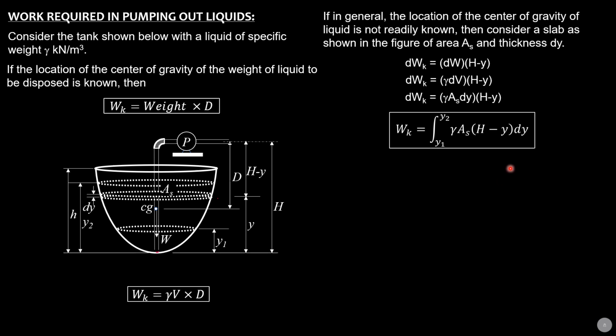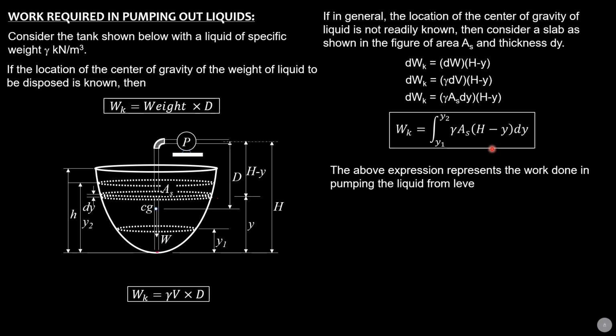It is just the integral of differential weight, which is gamma times differential volume, and differential volume is area S times dy, times the distance of the centroid of that differential weight or differential volume to the point of disposal, which is in general quantity H minus y. The above expression represents the work done in pumping the liquid from level y1 to the final level y2. For the above integral to have a value, area S must be expressed as a function of y.